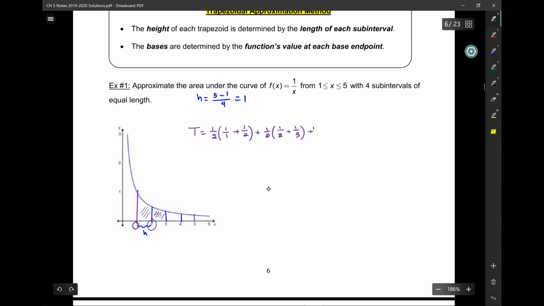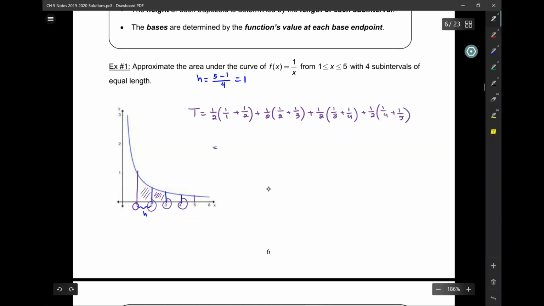Now for the third, 1/3 plus 1/4. And then the last one, 1/4 plus 1/5. Right? So do you see what I'm doing here? For each trapezoid, I'm evaluating each endpoint in f of x. Okay? Finally, when we plug it all in, it's 1.683. Okay?